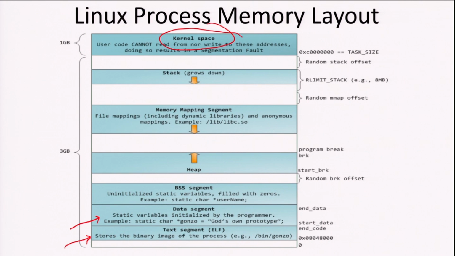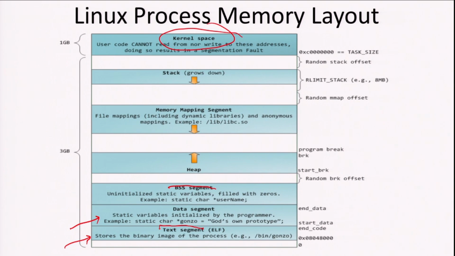For example, if you have static char star gonzo equals something, then that will be in the data segment. The next one is called the BSS segment. The BSS segment is where all the uninitialized static variables and globals are filled with zeros, and this is where all the non-initialized variables, global or static, stay.